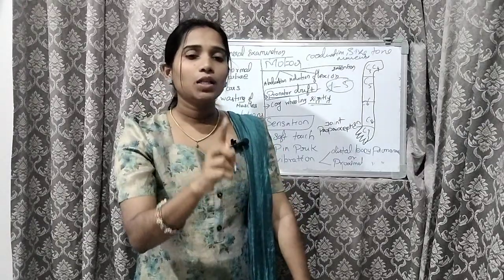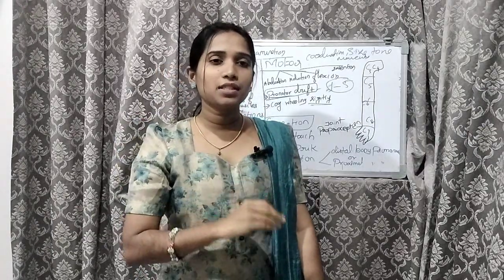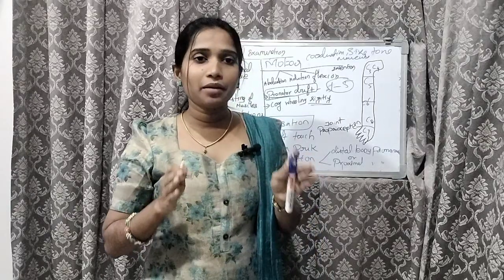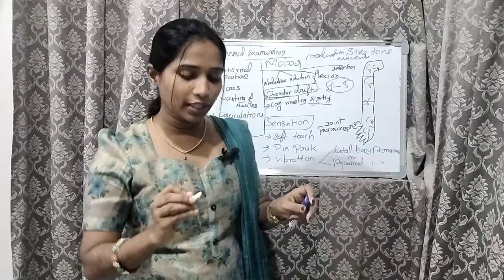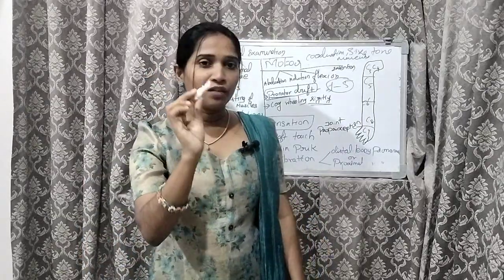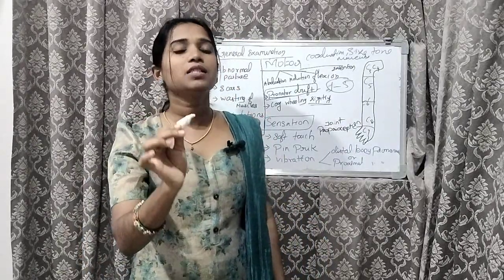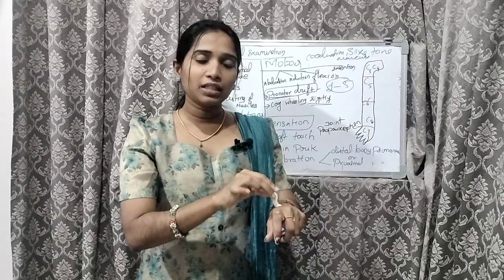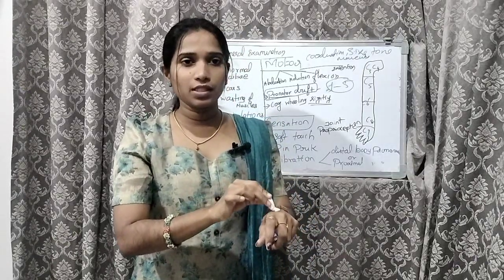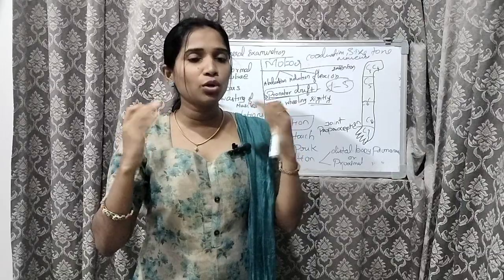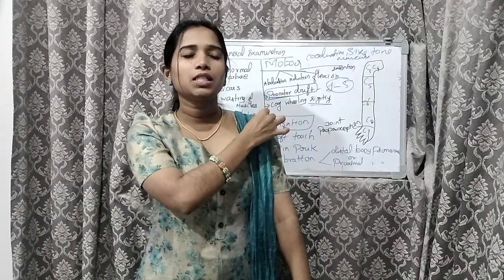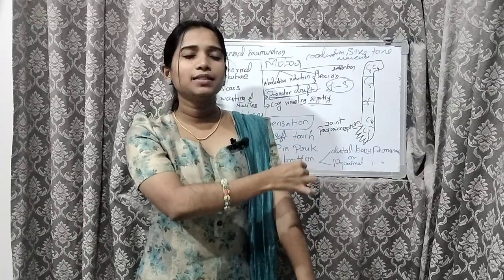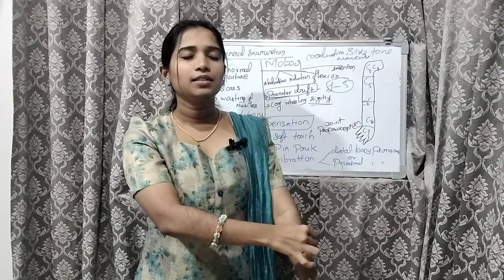See, I already told that the person's body should be exposed. Ask them to remove the cloth. Clear now? Yes. After that you have to touch with the cotton ball. First you have to make them feel the sensation. After that, ask the patient to close their eyes. Once they have closed, you should touch. If they feel it, then they say yes.